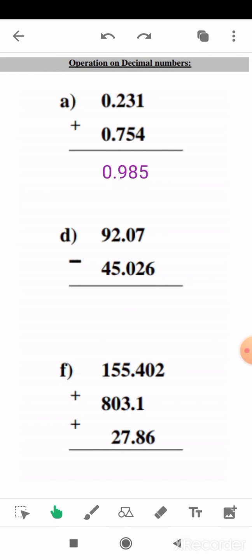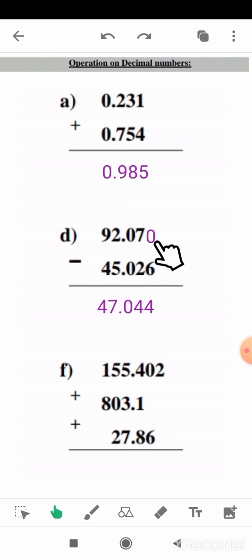It's easy. Okay, second example, if we have any empty space, we will put 0 here or here, like this.